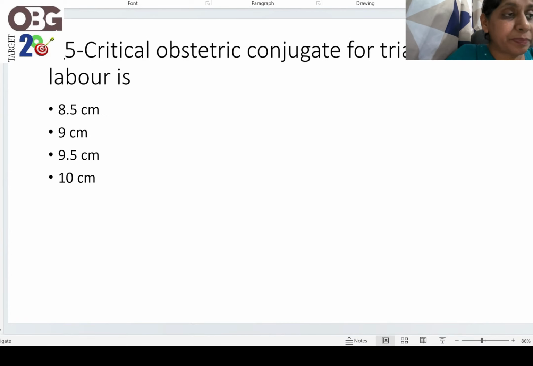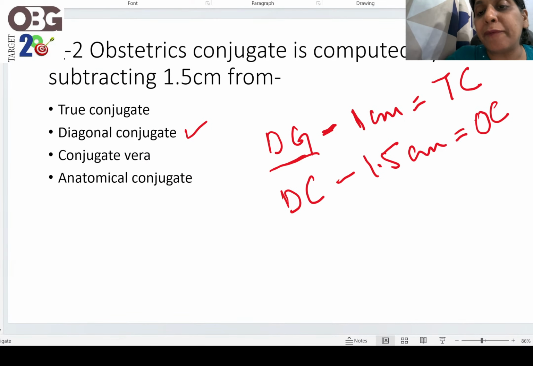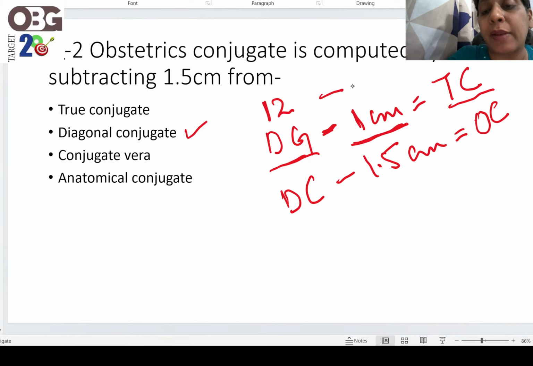Next question is the critical obstetric conjugate for trial of labor. This diagonal conjugate, the lower one which we measured clinically, is almost 12 centimeter. From the diagonal conjugate, if we subtract 1 centimeter, it is the true or anatomical conjugate, approximately 11.